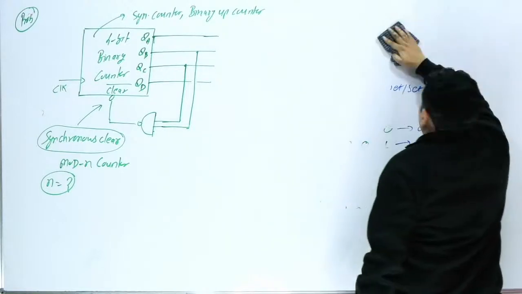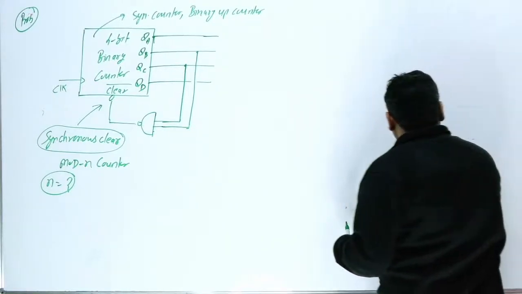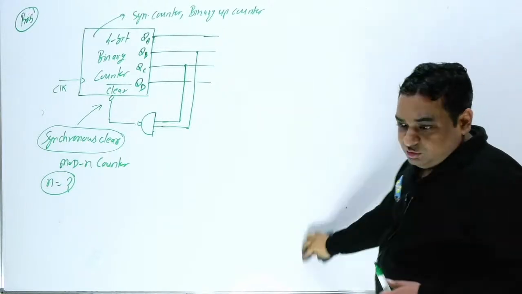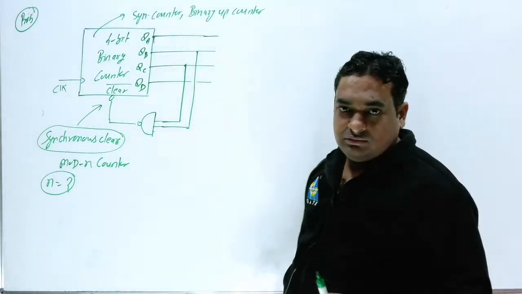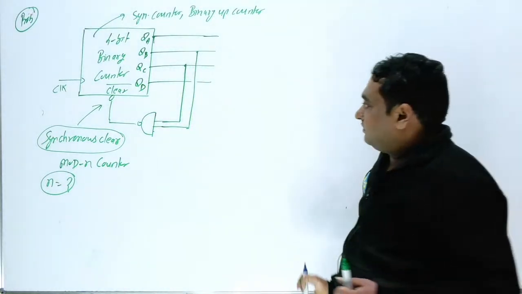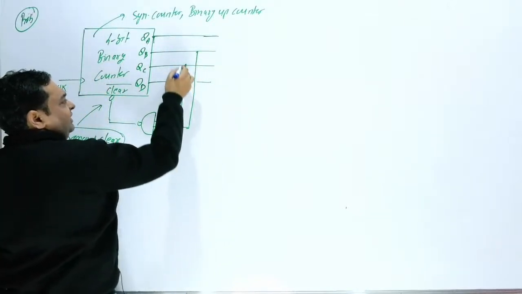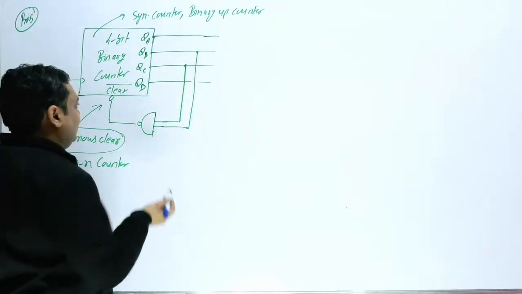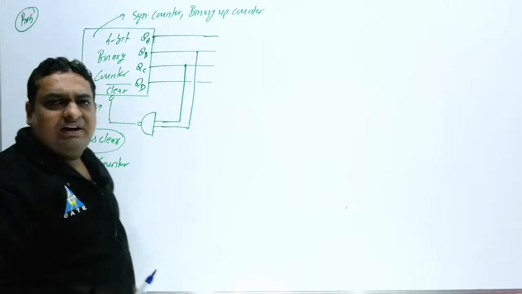Yes. And one thing you can also see, they have not mentioned which one is MSB and which one is LSB. So in every question you have to think, the examiner wants to check your basic concept. If one student assumes this is MSB and this is LSB, because this is connected with QB and QC, and a second student assumes the opposite, in both cases you will get the same answer.